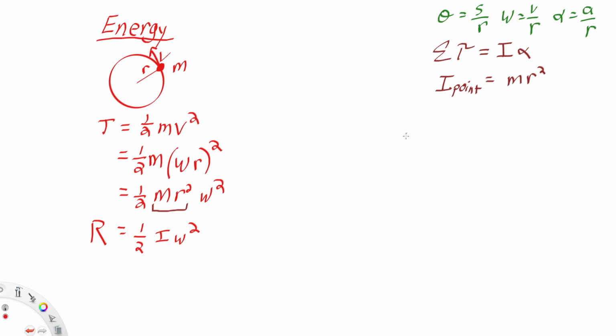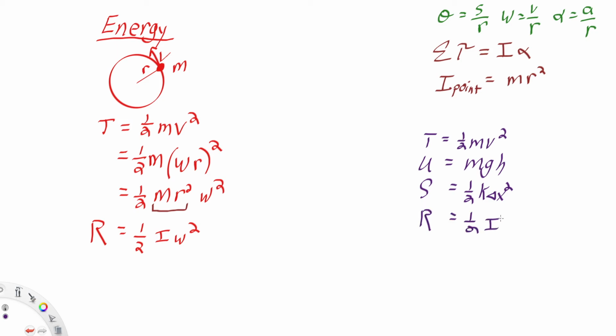So the total list of energies that we consider in this class are the kinetic energy, the gravitational potential energy, the spring potential energy, and now the rotational kinetic energy. These are not all the kinds of energy in the world, but these are the 4 kinds of mechanical energy that we consider in this class.